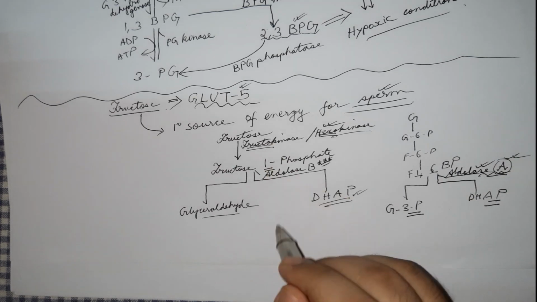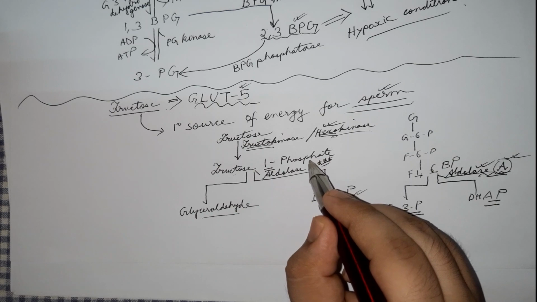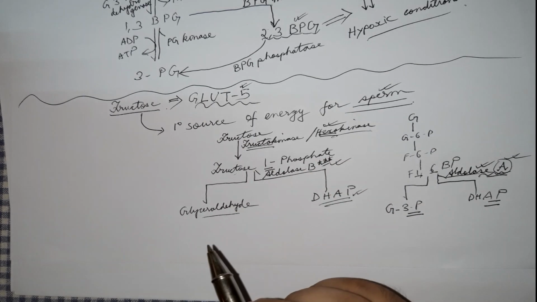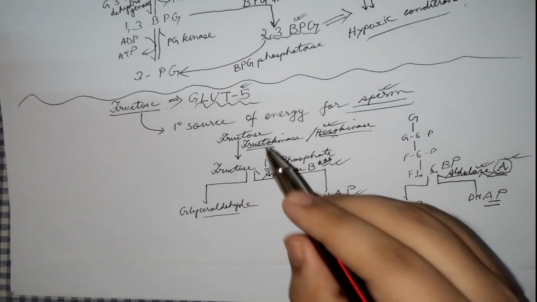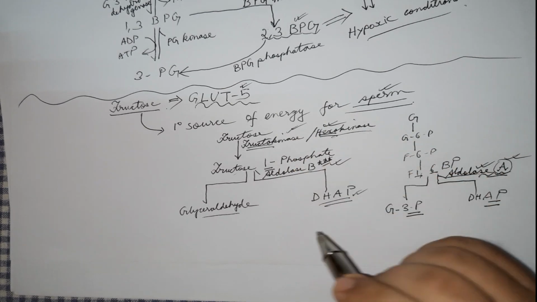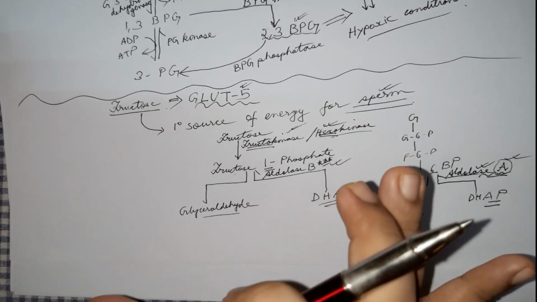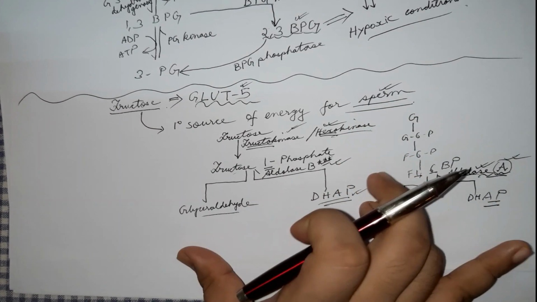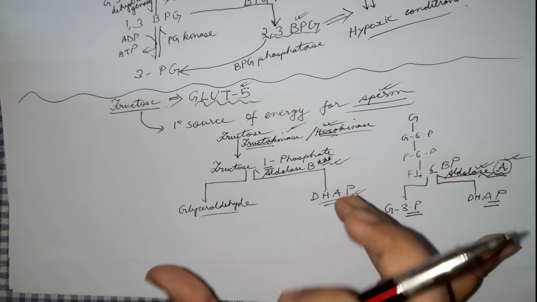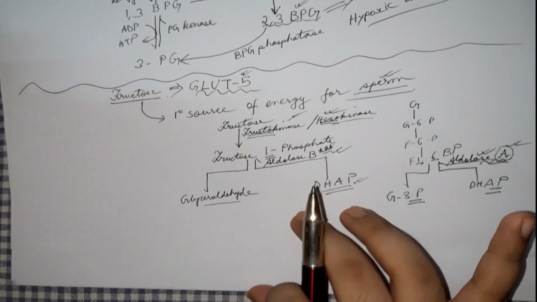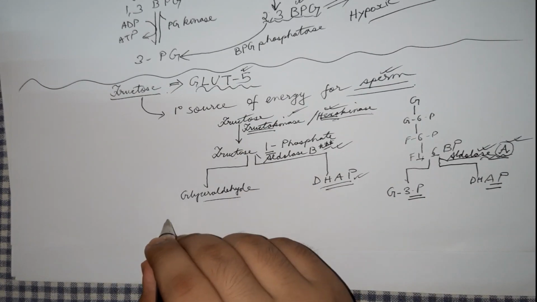And in fructose metabolism, where fructose 1-phosphate is being split, it is aldolase B doing the work. So very, very important information. These two enzymes, fructokinase and aldolase B, are very important because clinical relevance lies with these two enzymes, and we will talk about this in a few minutes.